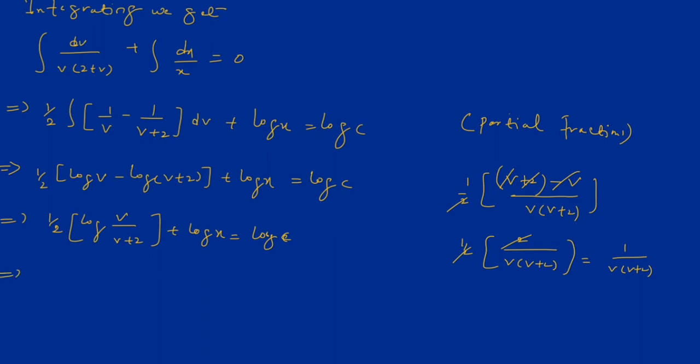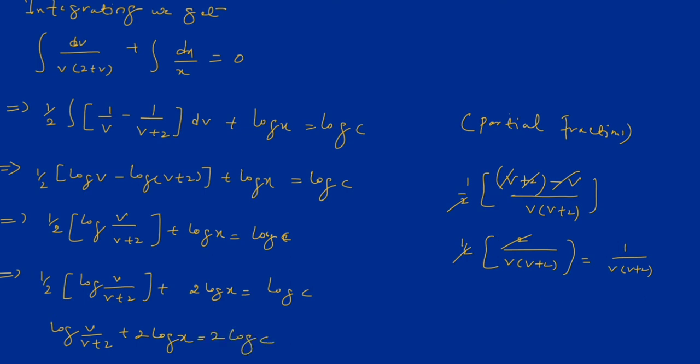Again, by taking 1 by 2 common here also, we get log of v upon (v plus 2) plus 2 log x, which is equal to log c. Now taking this 2 to the RHS, it becomes log of v upon (v plus 2) plus 2 log x, which is equal to 2 log c, right?